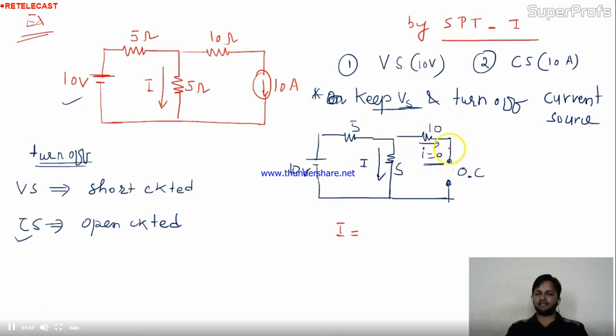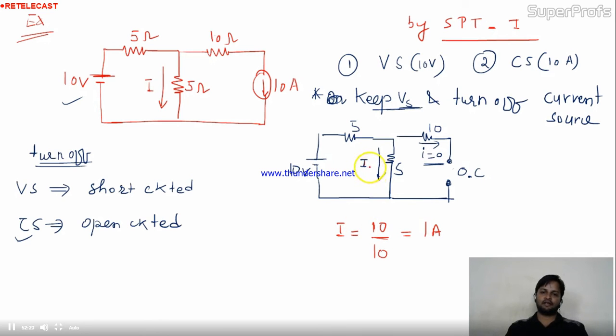If this 10 ohm branch is connected further, we can't say 5 and 5 are in series. But at this moment, these two 5 ohm resistors are in series. So the source voltage is 10 and the equivalent resistance is also 10. So you are having 1 ampere.